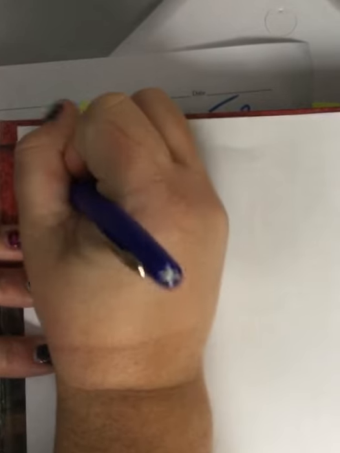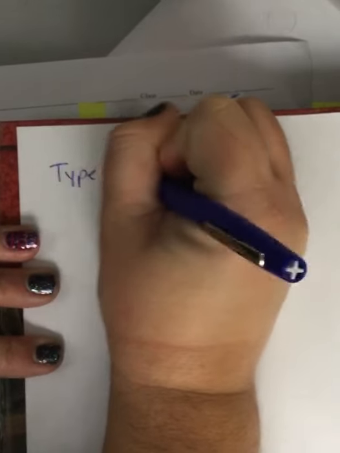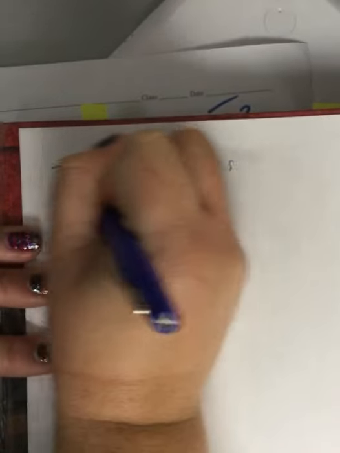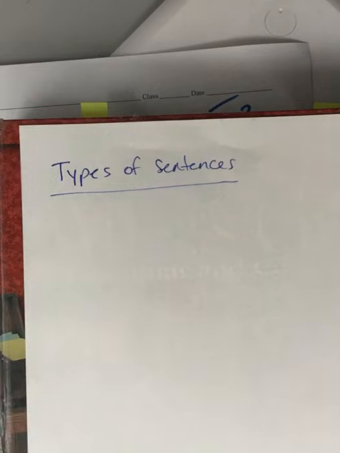We're also going to use those markings to help us remember the different types of sentences. And this is really the most important part of this unit.